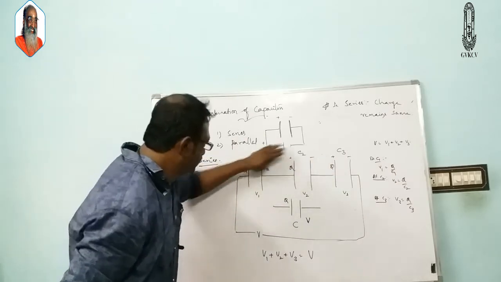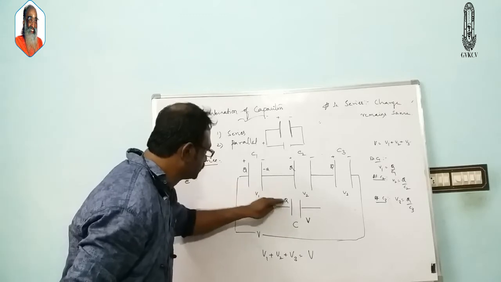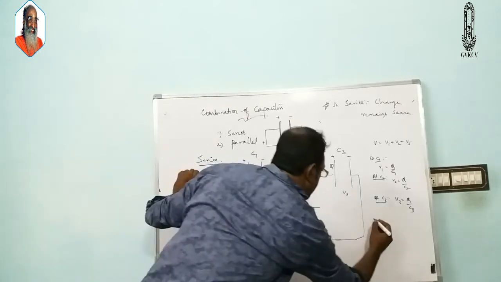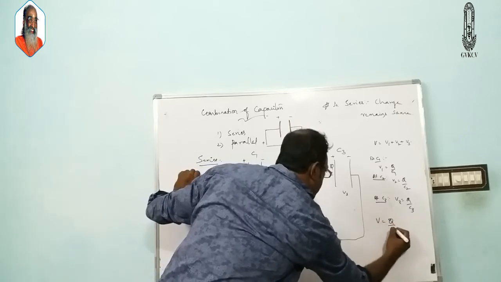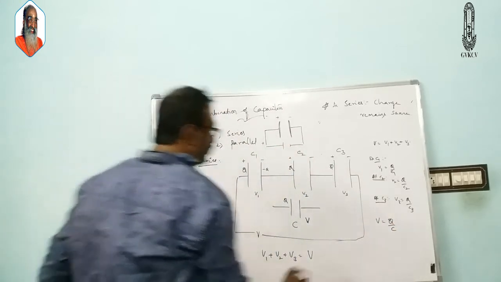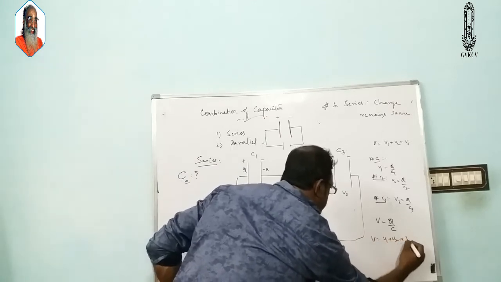Because of these three, we are going to see the effective capacitance is C, the charge is Q, and the potential is V. And near this capacitor, V is equal to Q by C. So now we came to know V is equal to V1 plus V2 plus V3.